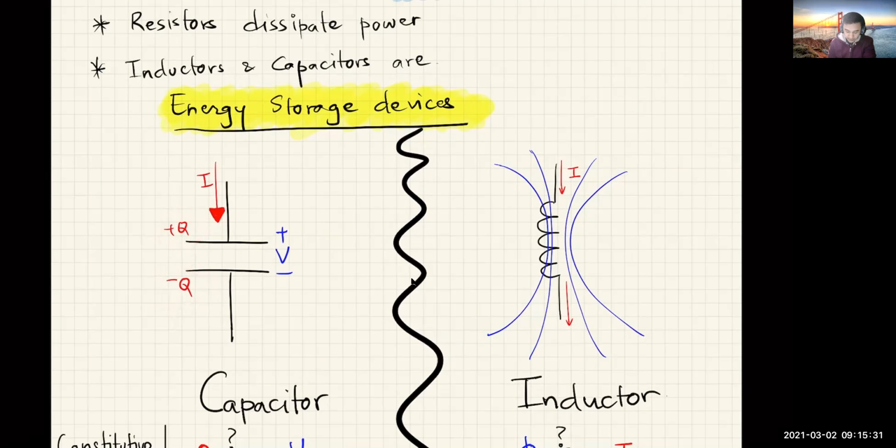And that gives rise to some finite voltage across the two plates, right? So this is electrical potential energy. Because of the accumulation of charge, there is some force of attraction between the charges, and so that gives rise to some potential energy. Okay, so this is how a capacitor stores electrical potential energy.